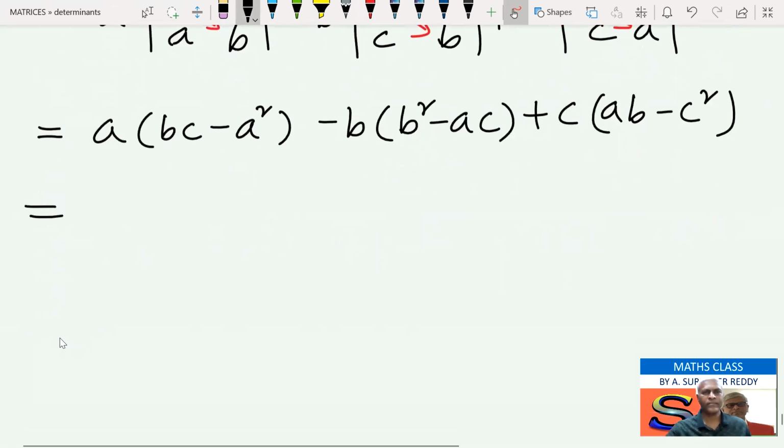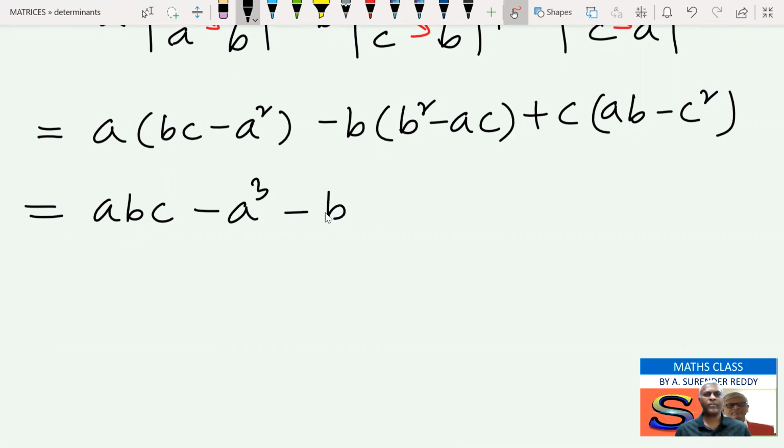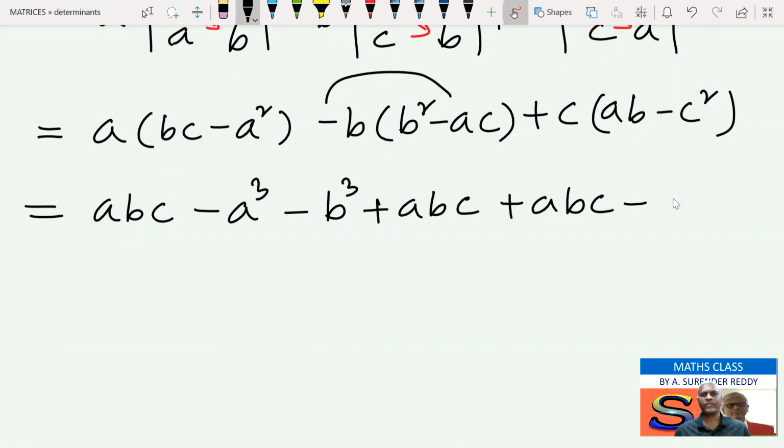Simplifying further, A into BC is ABC, A into A square is A cube, B into B square is B cube, minus minus will become plus, B into AC is ABC, and this is ABC minus C into C square, C cube.